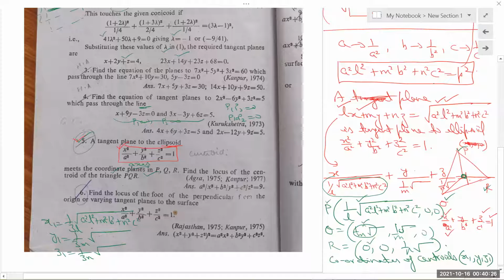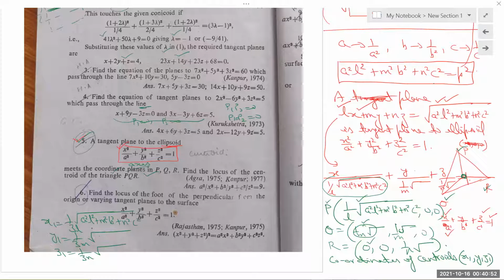Now, the question is, because we have assumed the centroid x1, y1, z1, finally, from the answer, I need to eliminate this x1, y1, z1. So how do we eliminate these to find the locus? We need to find the locus of the centroid, and I have assumed the centroid as x1, y1, z1.